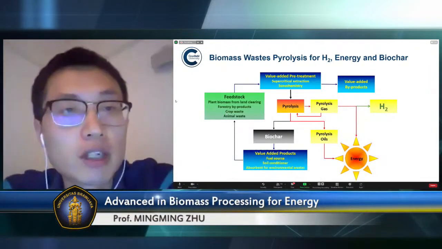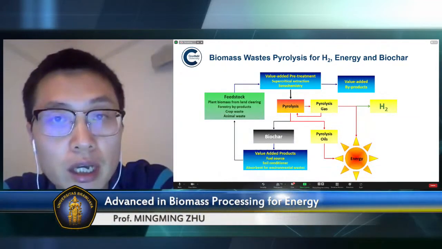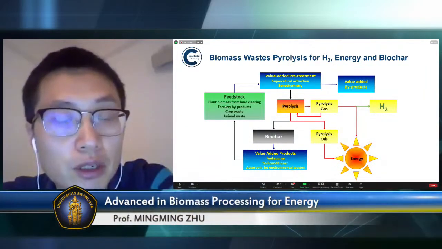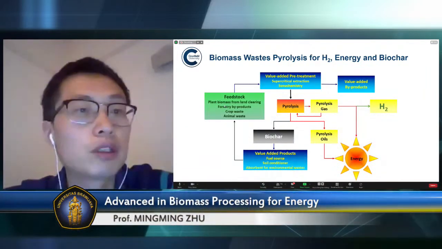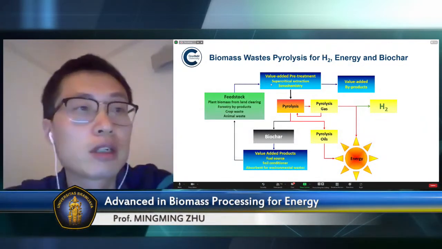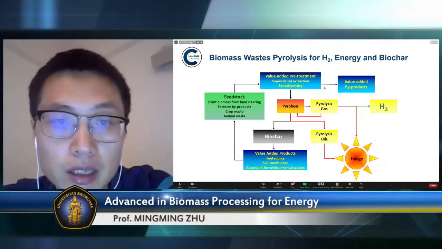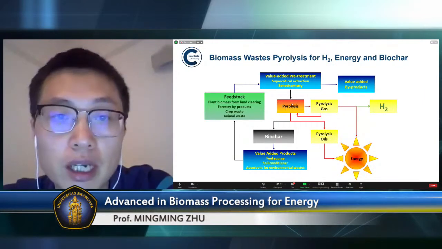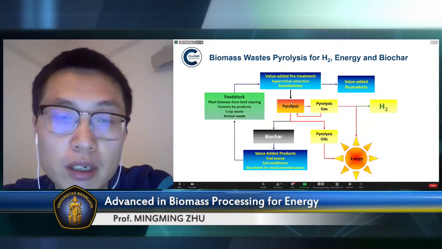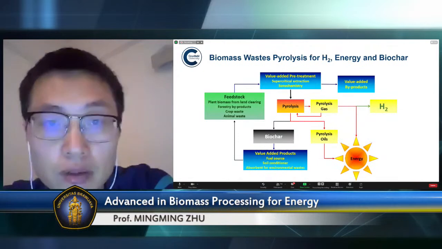So another technology I'm going to talk about here is the biomass waste pyrolysis process. Basically, if you have the biomass feedstock, you can process it using supercritical extraction or sonic chemistry to extract value-added products, and then you subject it to heat treatment, what we call pyrolysis, in an inert environment, heated up to like 600 degrees C, or 700 maximum.